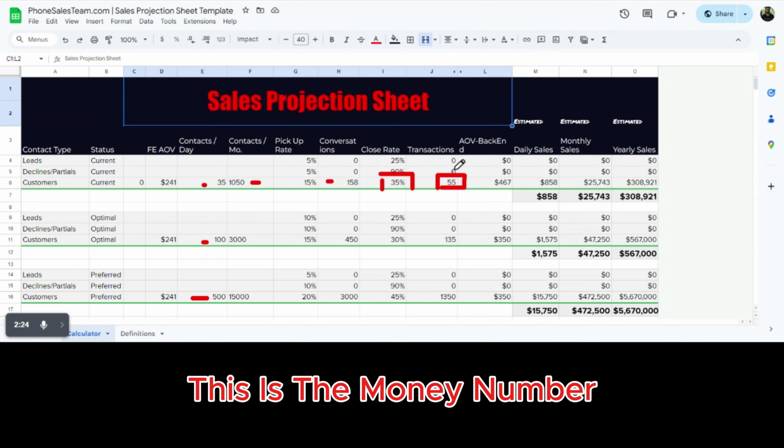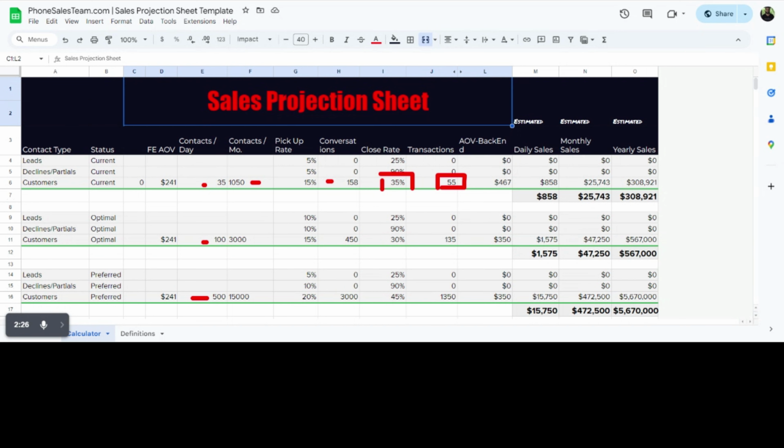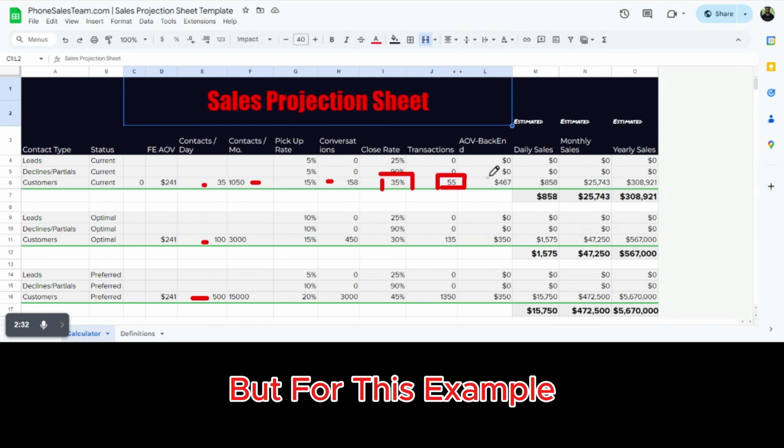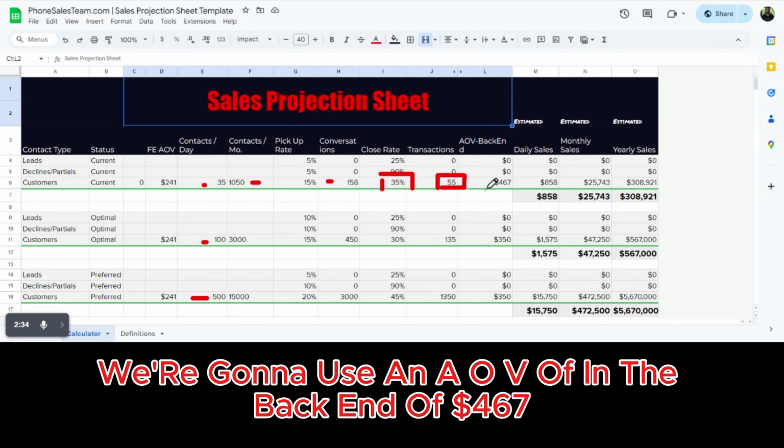Now, obviously, this is the money number. Using our AOV, which we try to maintain above 500, but for this example, we're going to use an AOV in the back end of $467.